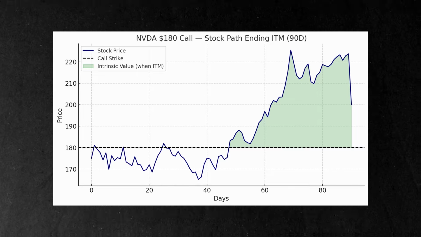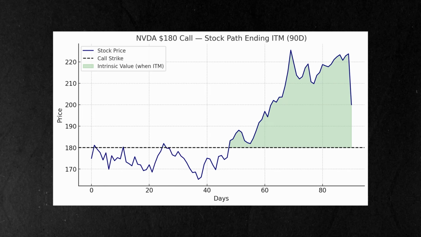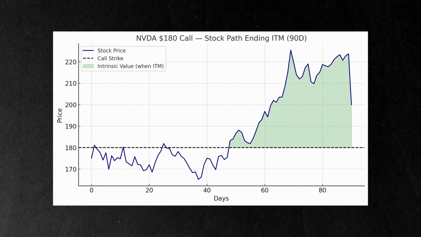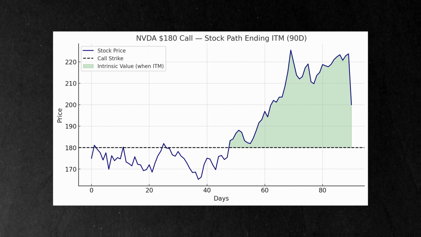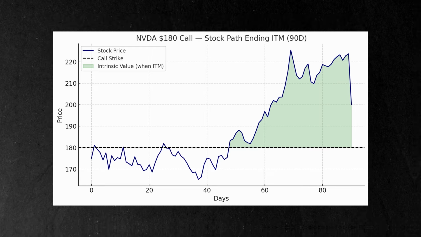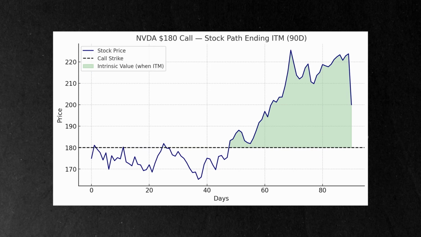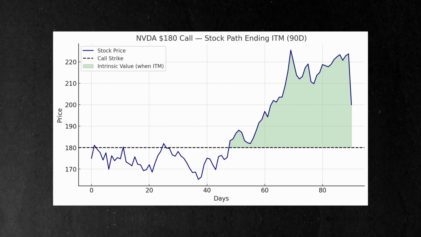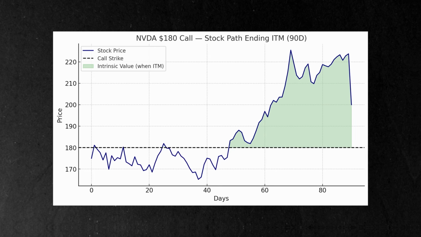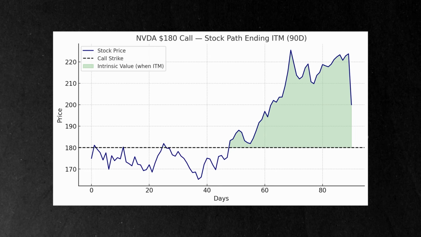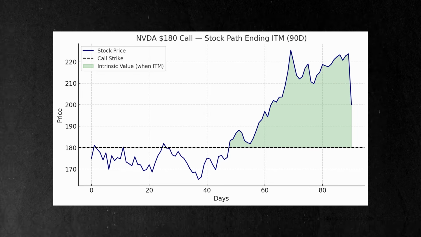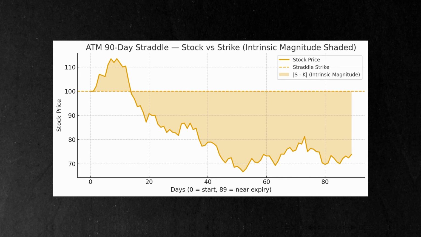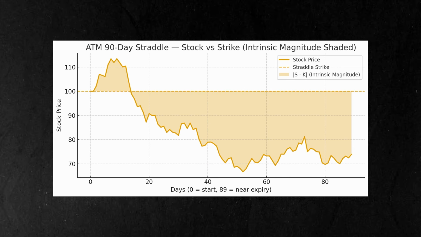So if NVIDIA finishes in this example at about $200 and the strike price is 180, the intrinsic value is $20, and the value of our option at expiration is $20. We could buy NVIDIA stock for $180 if we exercise the call, sell it in the market at $200 to make a $20 profit, which is the intrinsic value. Now here you can see an example with a straddle.